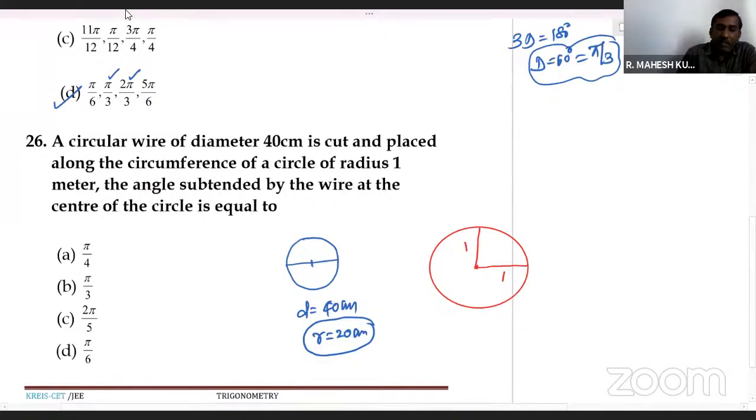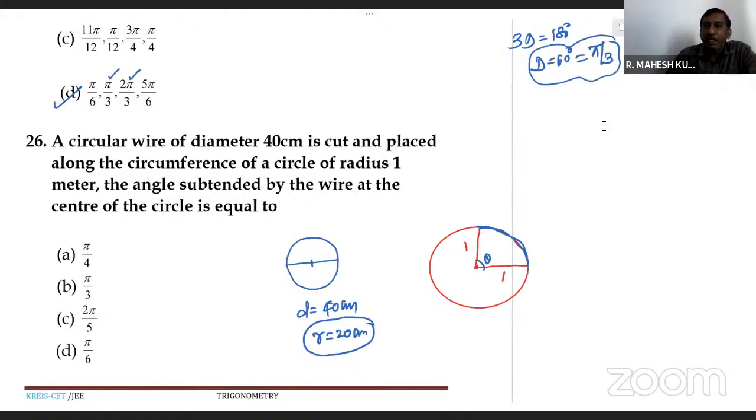So here, a blue circle, you are cutting it and placing the entire circumference along the circumference of a circle of radius 1 meter. Then the angle subtended by the wire at the center of the circle is equal to, right? What is going to be the angle subtended by the wire?